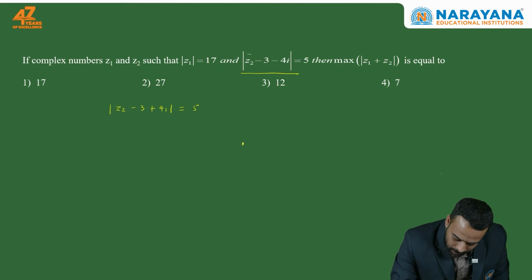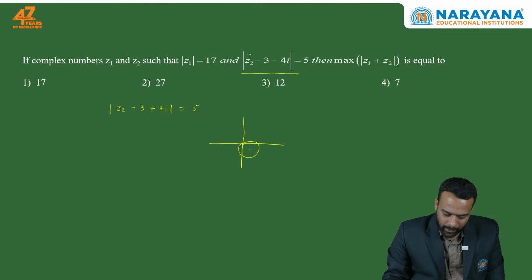So if I am considering (0, 0) over here, then distance of (0, 0) from (3, minus 4) is also 5. So we are going to have a circle in the fourth quadrant, meaning center in the fourth quadrant. So now this is the locus of z2.